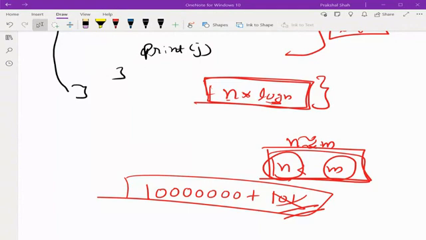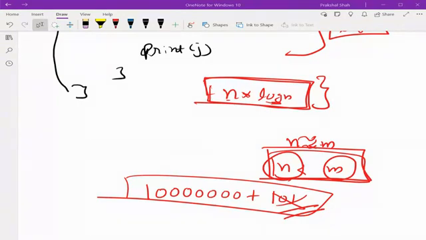Once the output is proper, then we can compare. Nilanjan, am I clear with your doubt, where n is less than m?